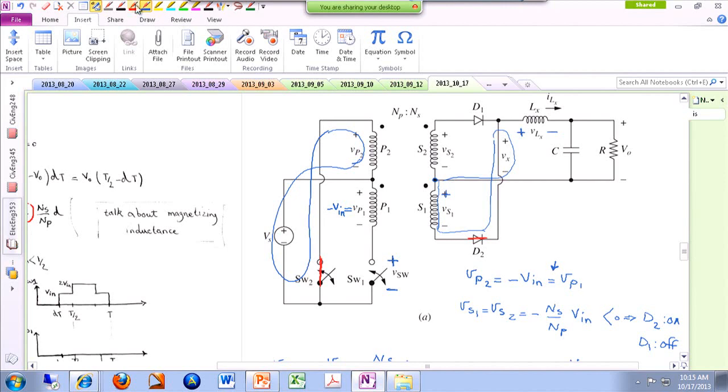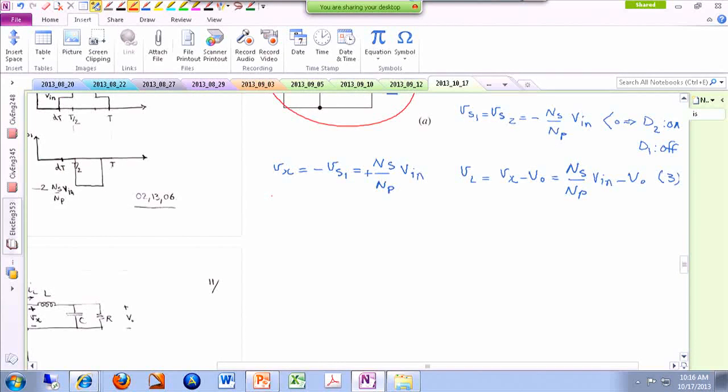Now, if you apply KVL to this loop, you're going to realize that the voltage stress on your switch is twice Vn. So voltage stress on the switch, in this particular case switch number 1, is twice the positive input voltage.